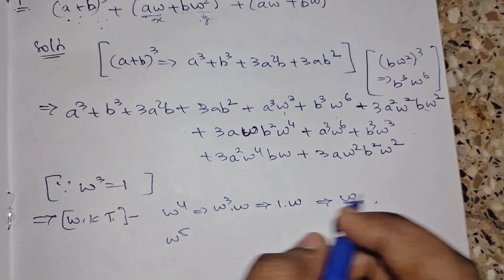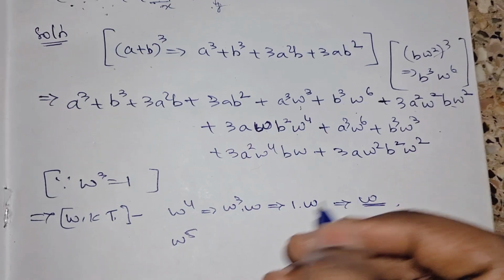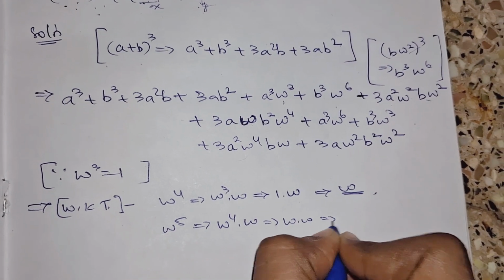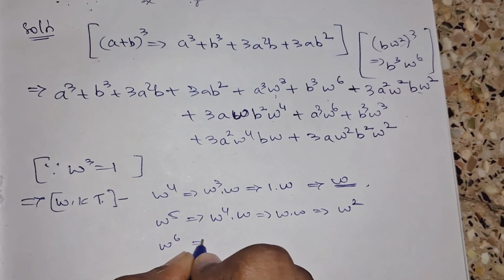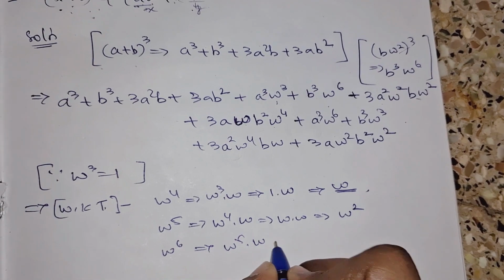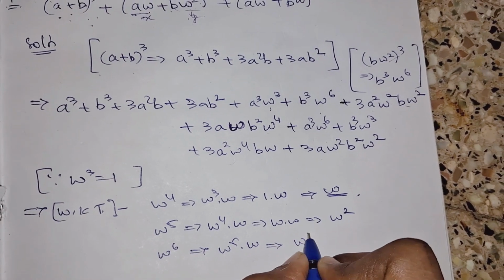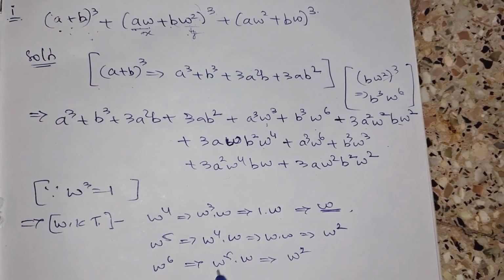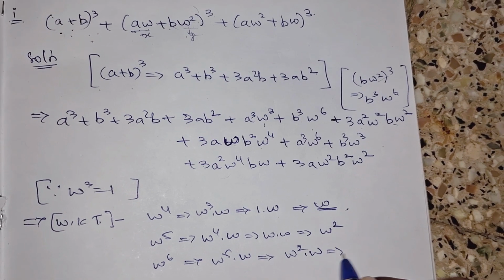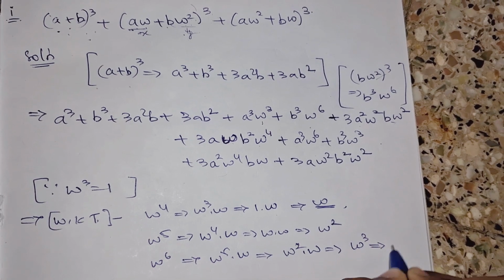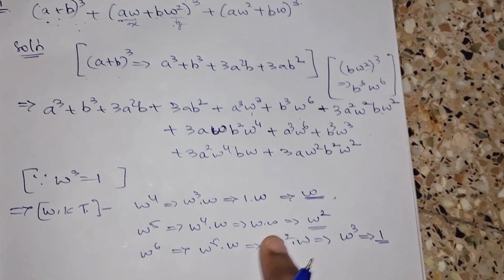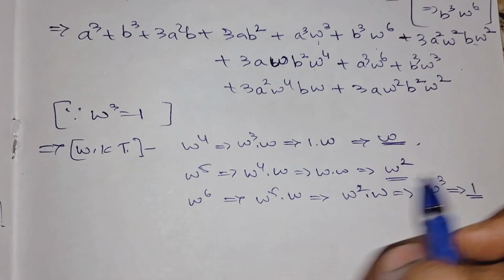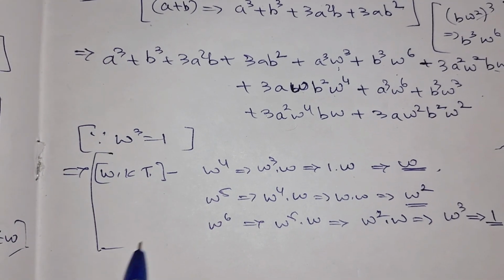Similarly, omega to the power 5 equals omega 4 into omega, that is omega square, and omega to the power 6 is omega to the power 5 into omega, which is omega cube, which is 1. These values we will use further when we solve. That's the reason I am writing them beforehand. I will show you why I have written this.